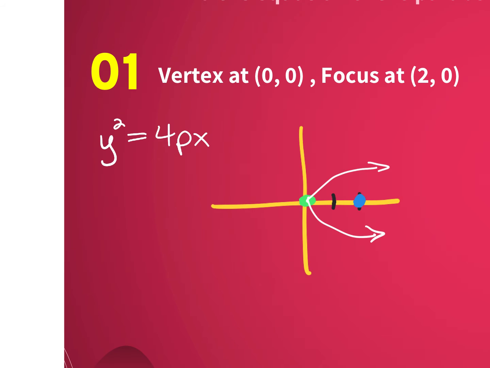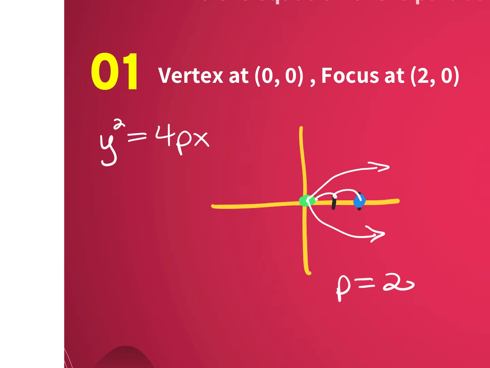Or it's also the distance from the vertex to the directrix. So by looking at this, I can see that my focus point is 2 spaces away from the vertex. That's my p-value. So p equals 2 because it's 2 spaces away.